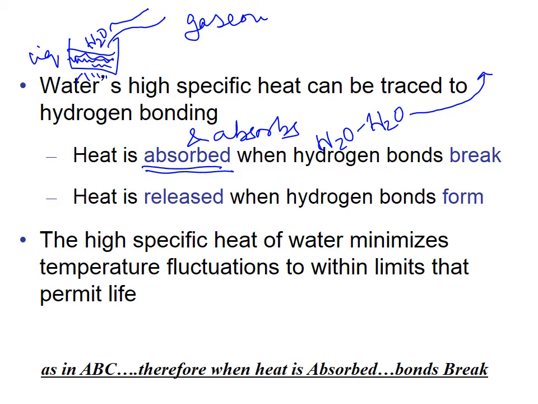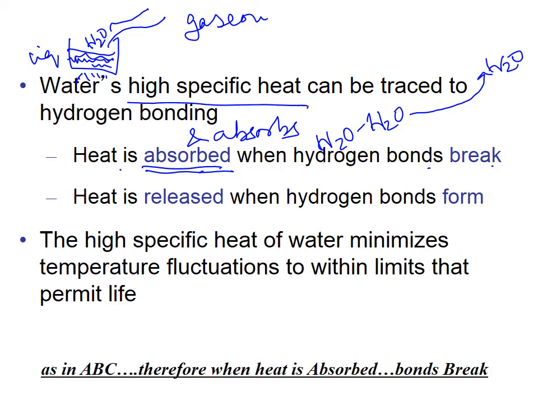I would like you to remember, when you heat it, it absorbs and absorbs as much as possible because of its high specific heat, and then when it cannot take it anymore, it starts to break away and go off. So heat is absorbed when hydrogen bonds break, and heat is released when hydrogen bonds form.